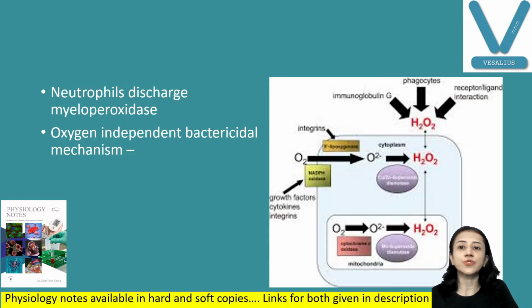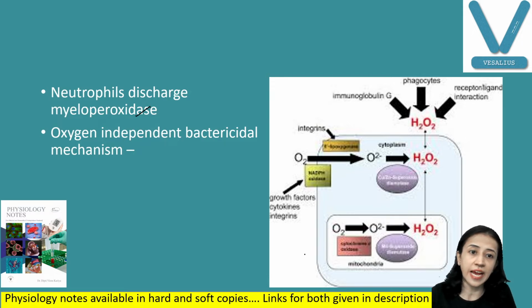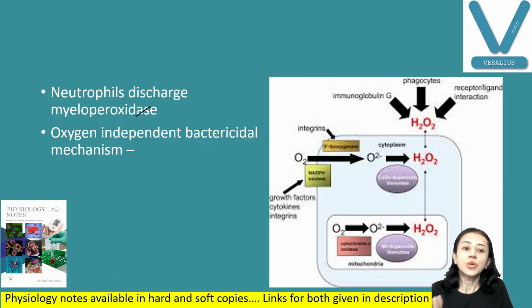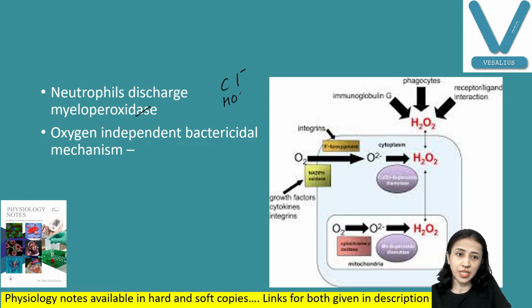Okay, as well as neutrophils, they also discharge myeloperoxidase. You can see here in this diagram, myeloperoxidases are also released, and that causes conversion of chloride, bromide, iodide, cyanide, they all are converted into the acids. Like chloride is converted into HOCl, HOBr, HOI.